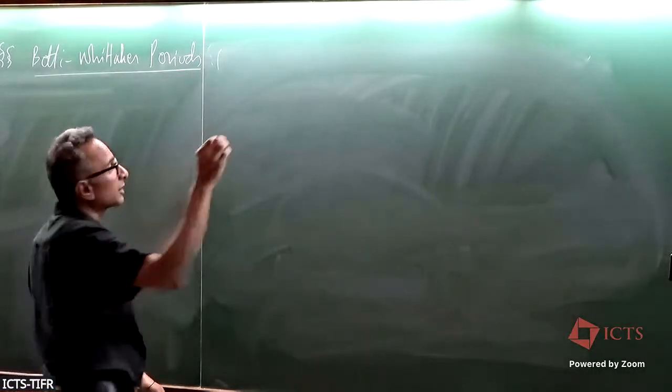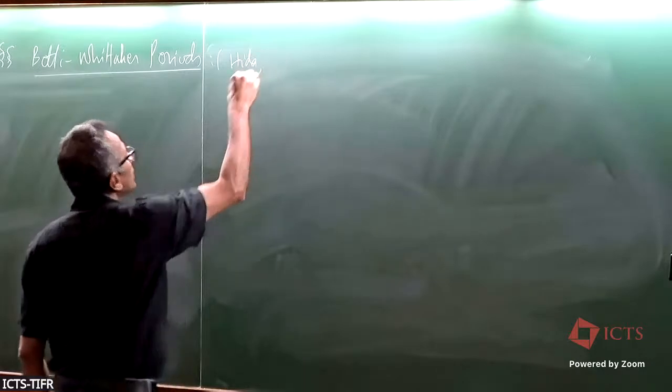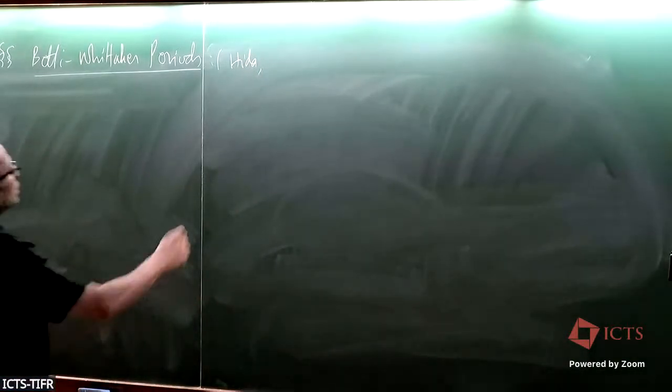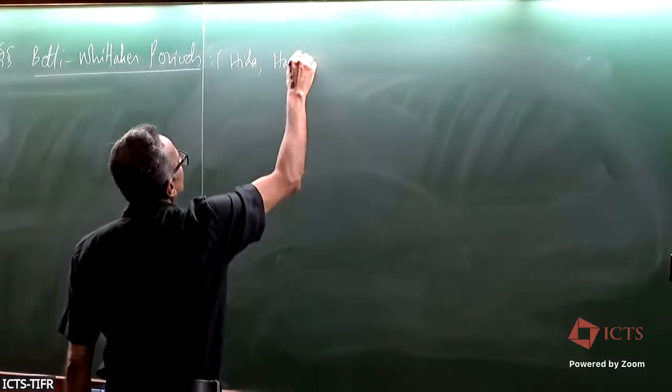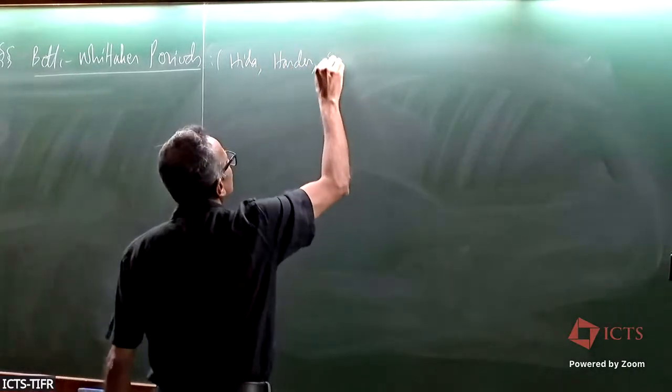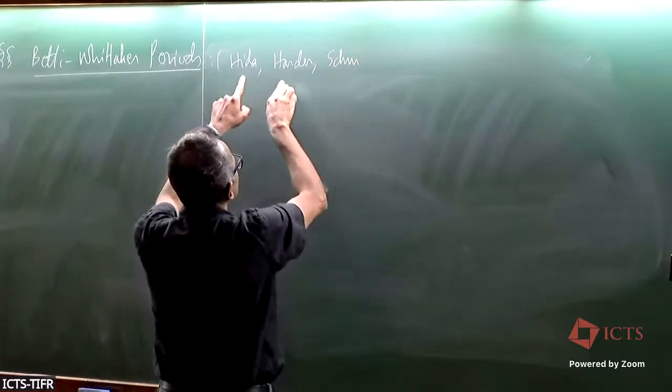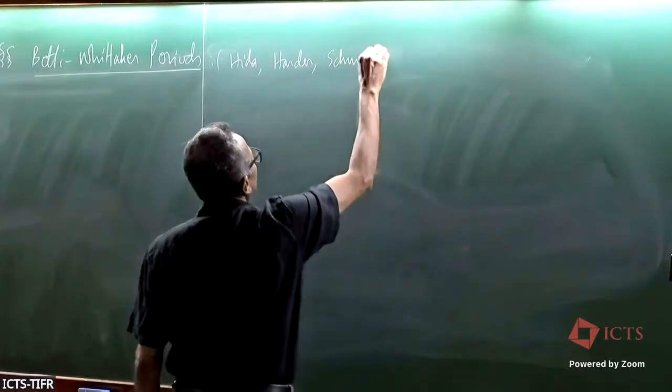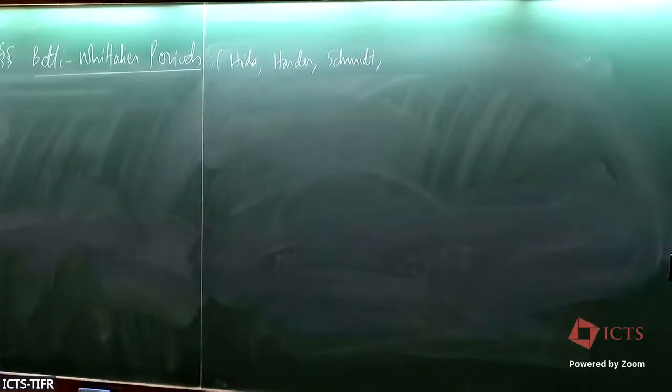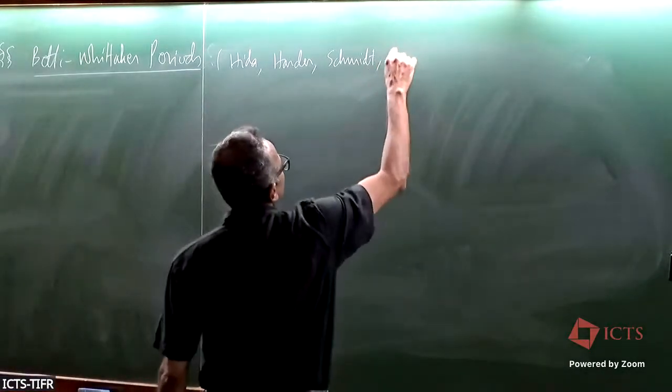It's there in a paper of Hida, his famous 94 paper in Duke. Papers of Harder for GL3 and so on. There are these two, both in the GL2 setting, by Klaus Günther Schmidt, and then later his student Manin.